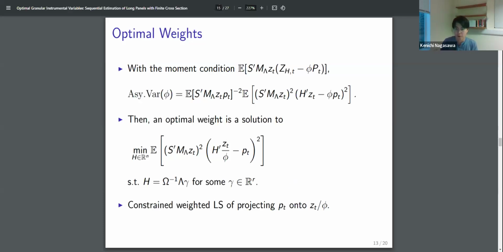So there is some room for improvement in terms of the efficiency of the granular instrumental variable estimator, and I'm going to demonstrate using an empirical illustration later. So this is our second result, where we characterize how to make the granular instrumental variable efficient for the disaggregated equations.